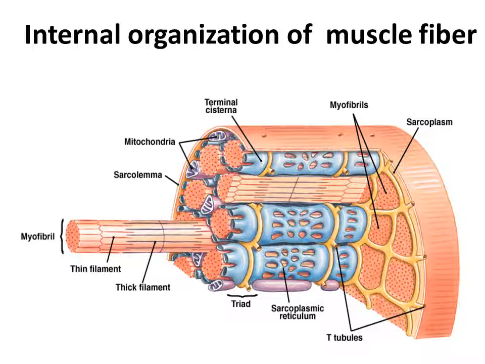Sarcoplasmic reticulum is tubules. Reticulum means شبكة من الأنابيب, a network of tubules, and it is invaginated by another tubule which is called the T tubule, which is surrounding the sarcoplasmic reticulum.